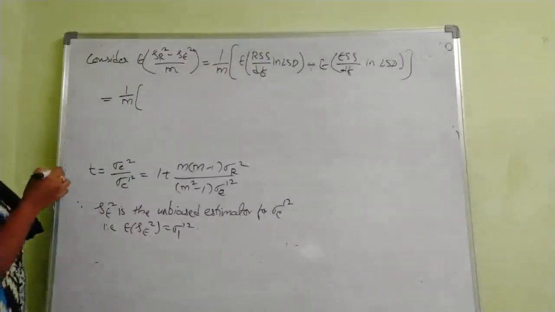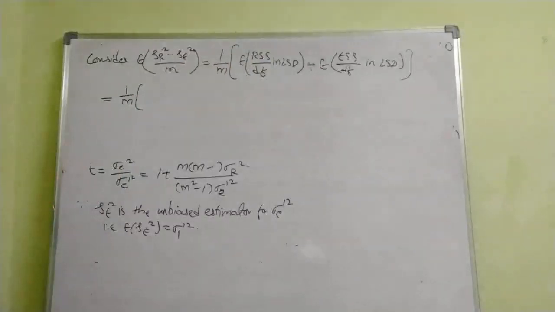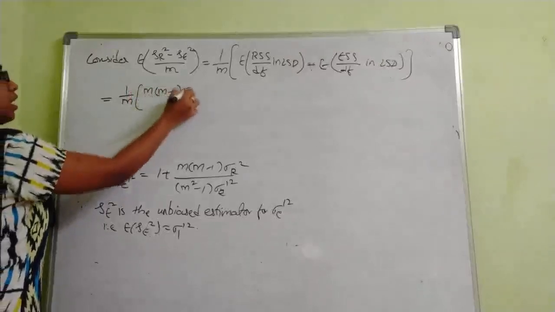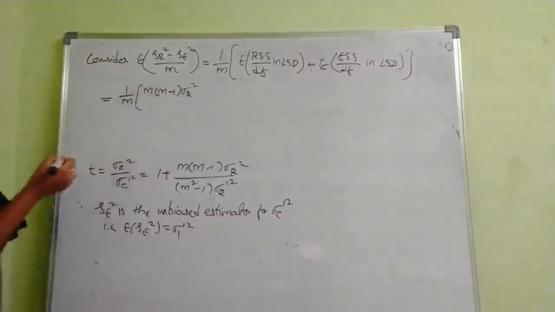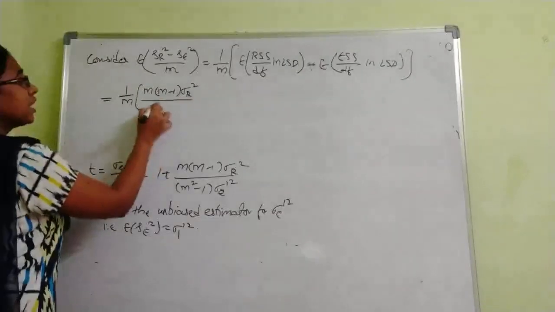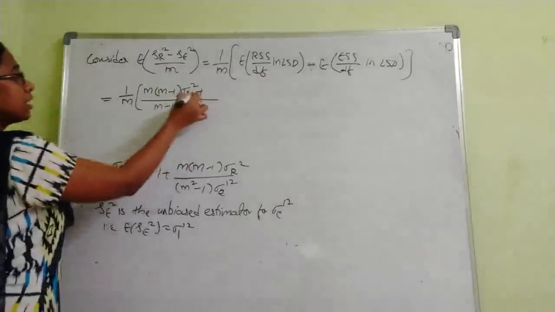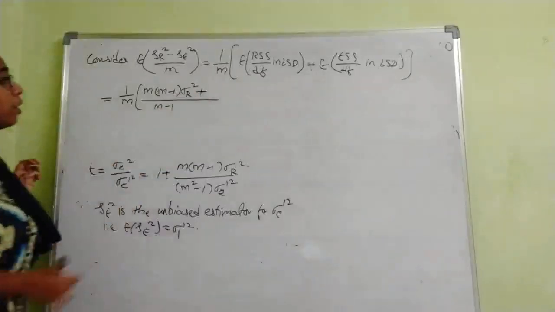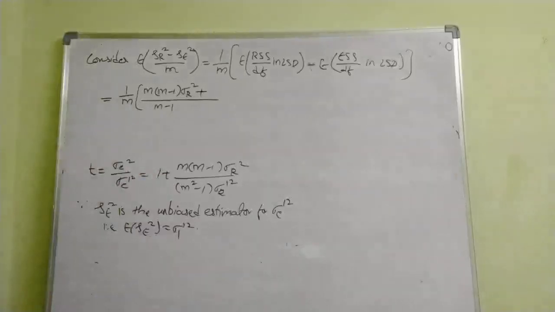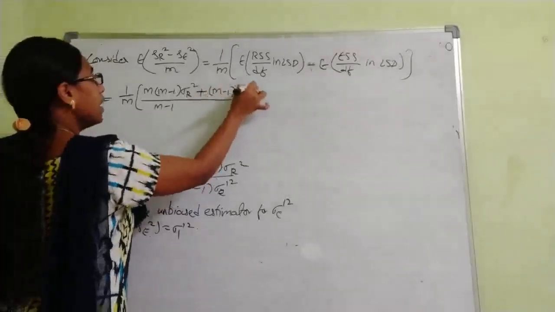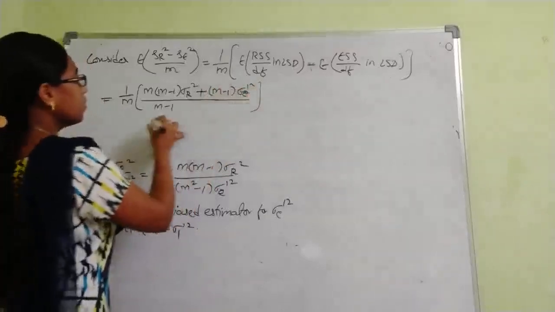So, the expectation of row sum of squares, what is the value? m into m minus 1 sigma r square, divided by its degrees of freedom m minus 1, plus you have one more term, that is, m into m minus 1 sigma r square plus m minus 1 sigma e dash square. This is the first term.